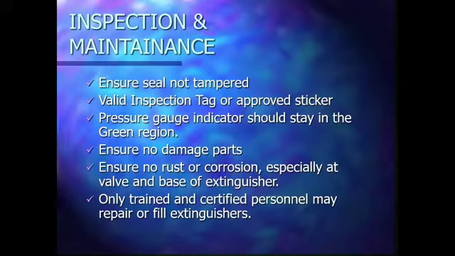Yeah, this is very, very significant to ensure that the pressure in the fire extinguisher is okay. If you don't have the indicator on the green, take it out of service, because it may lead to false sense of safety. You will not be able to use the fire extinguisher if the indicator is not in the green region.